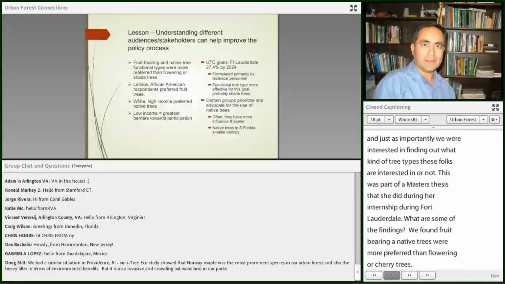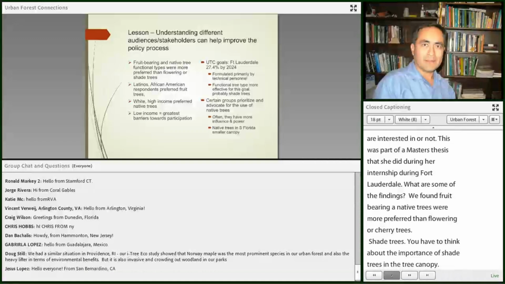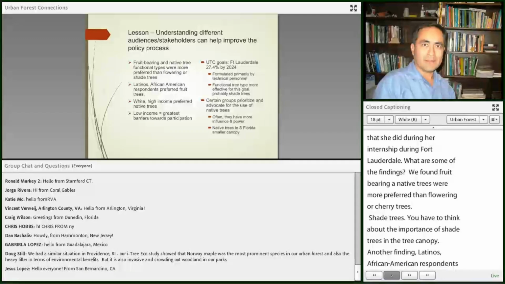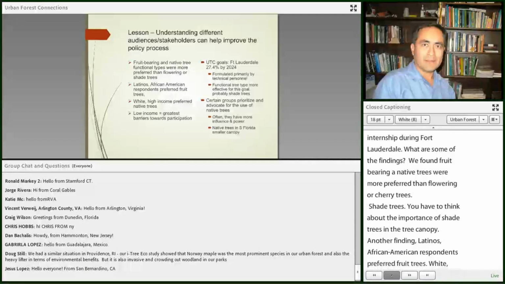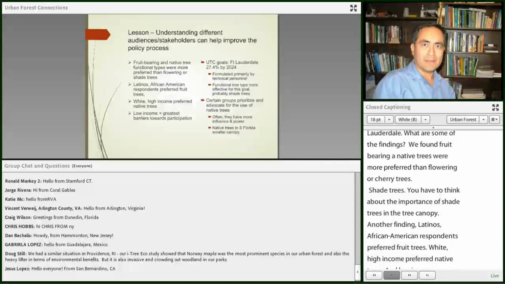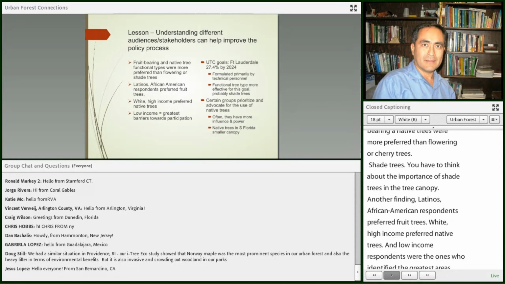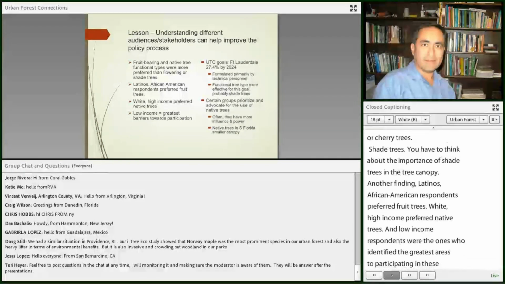Another finding, Latinos, African American respondents preferred fruit trees. White, high-income respondents preferred native trees, and generally low-income respondents were the ones that identified the greatest barriers to participating in these programs because of lack of awareness, lack of transportation, and other factors.